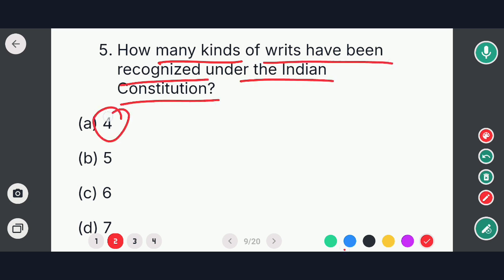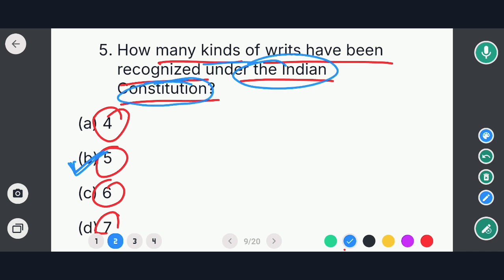Options are 4, 5, 6 and 7. So in this case the correct option will be option B. That means there are a total of 5 kinds of writs recognized under the Indian Constitution.